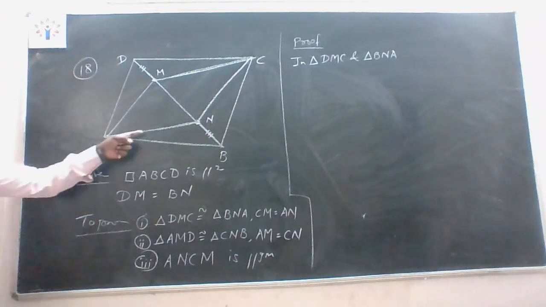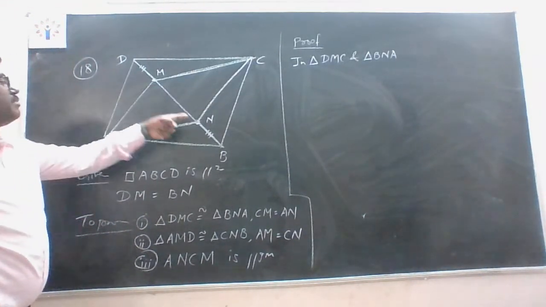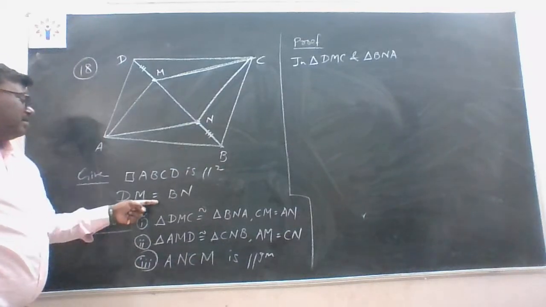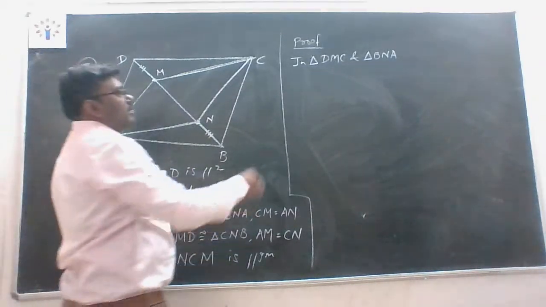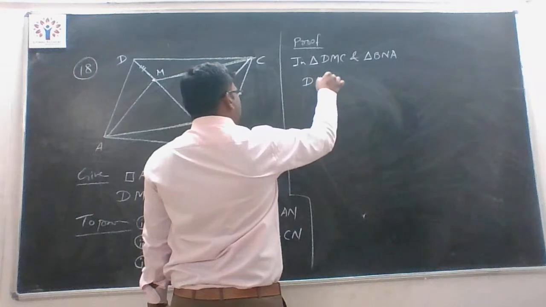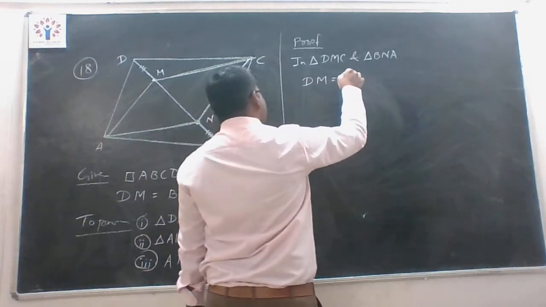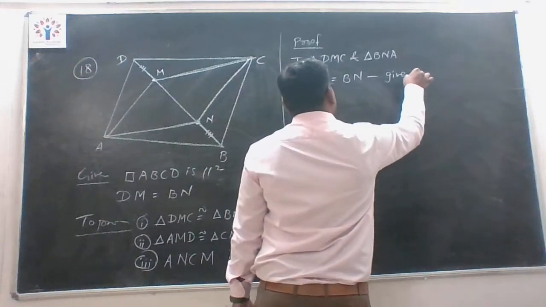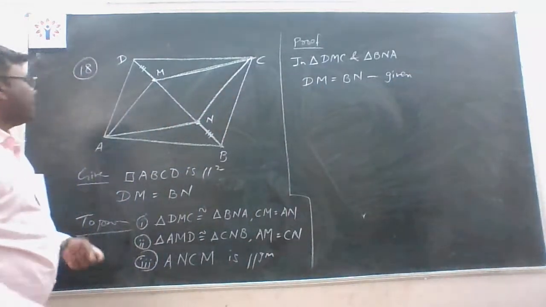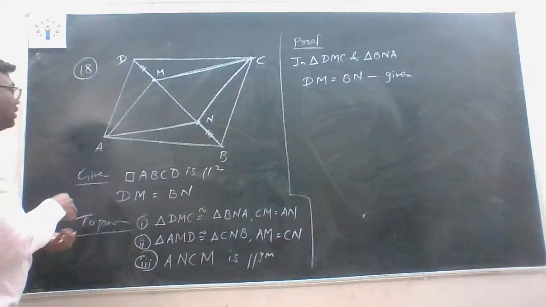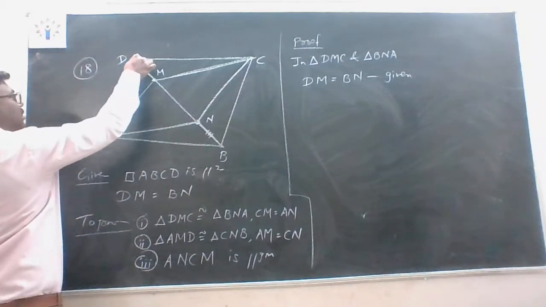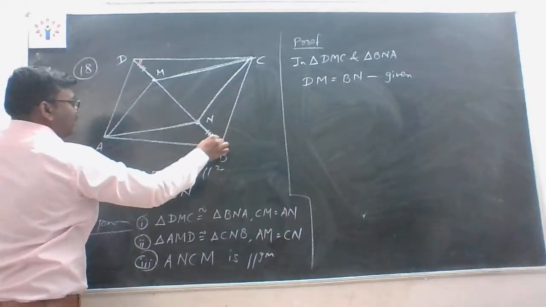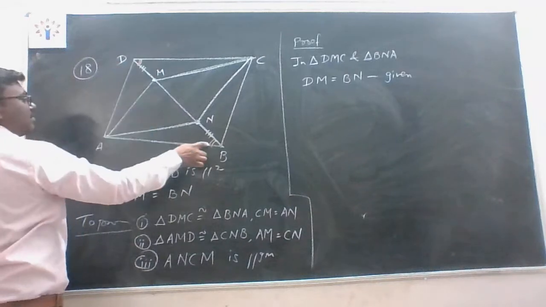Can we say DM and BN are equal? It is already given in the question: DM is equal to BN. In these two triangles, can we say these two angles are equal?